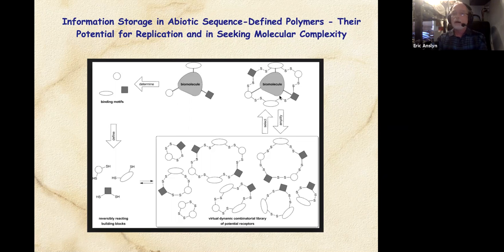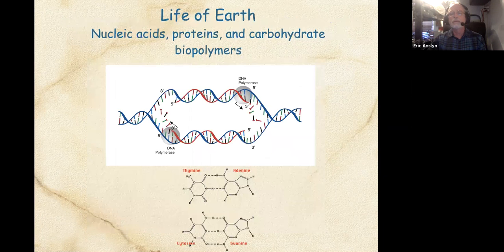And a lot of organic chemists have exploited this for a variety of purposes. We're going to talk about exploiting reversibility and kinetics of covalent bonding for these purposes of information storage, potential replicability, and that maybe life could be based on these kinds of interactions elsewhere.